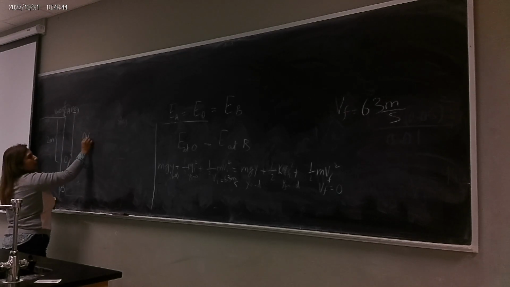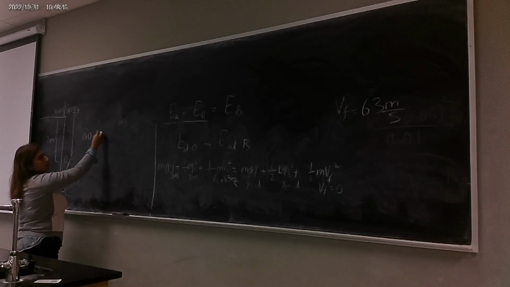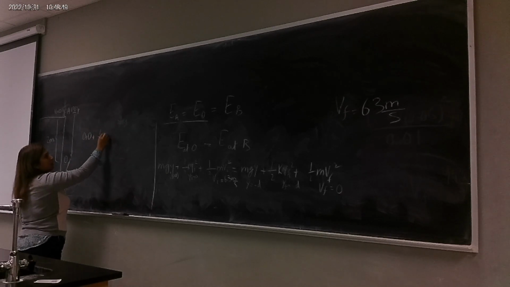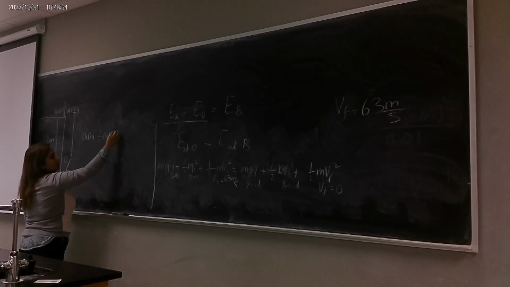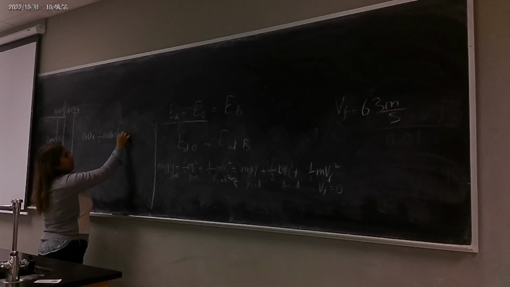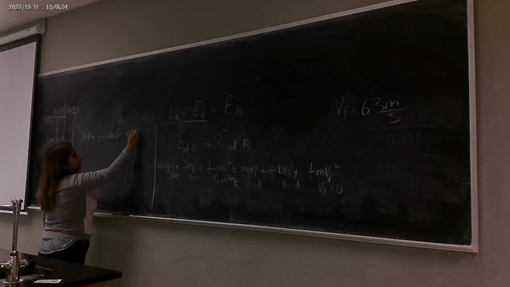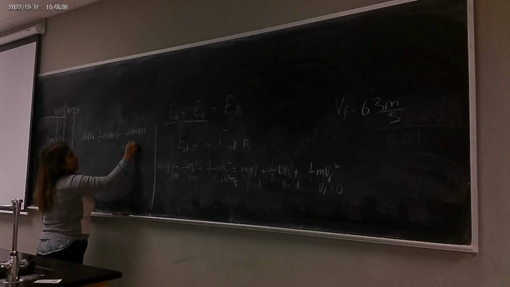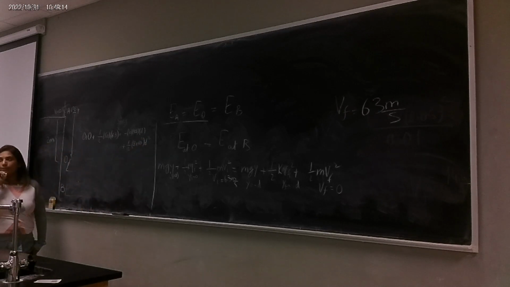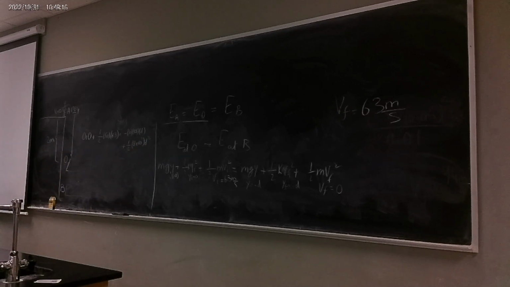Zero plus 0 plus half 5 times 6.3 squared equals minus 50 times 9.8 times D plus half 8 times 10 to the 3 D squared. Looks good? I did nothing, I just plugged in all the numbers there.